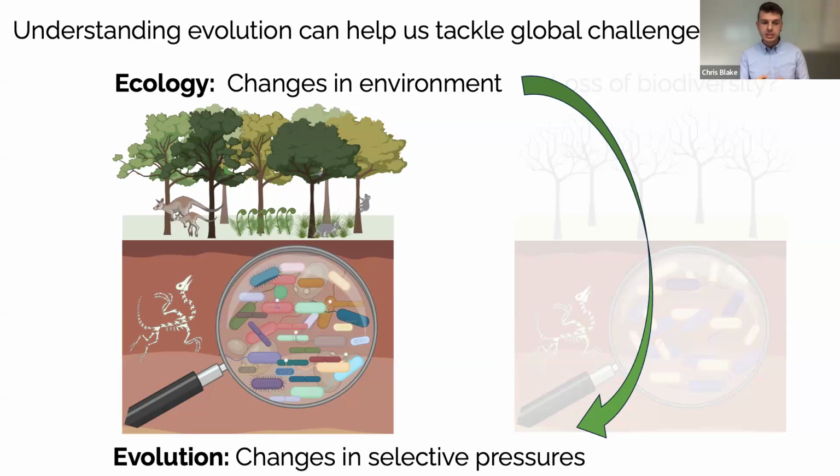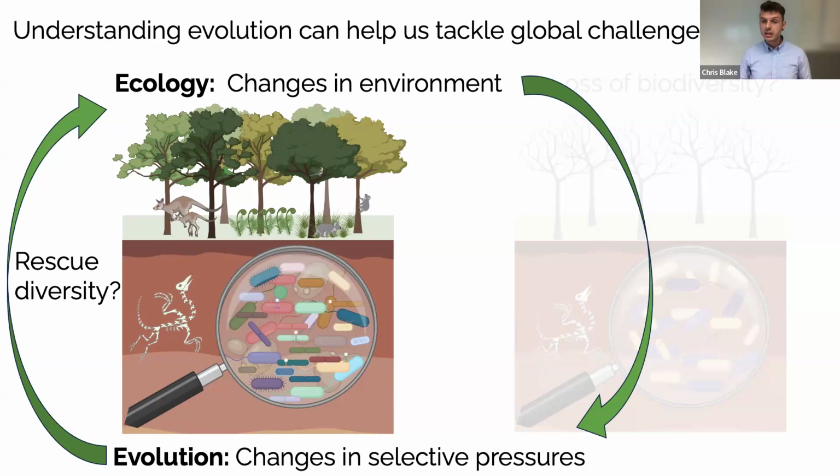And these processes can occur on the same time scale and therefore directly influence each other's trajectories, leading to eco-evolutionary feedbacks. So today, I want to give you an example of how evolution can shape a global ecological phenomenon and what we should consider when we want to apply evolutionary principles in order to tackle the challenges that come with it, such as the loss of biodiversity.